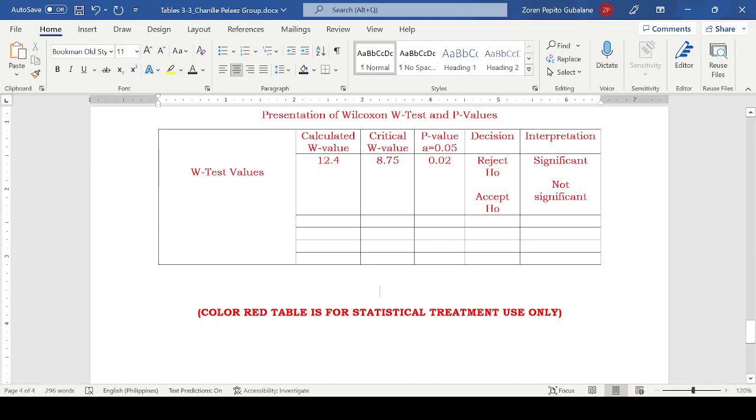So, this is the rule in deciding whether the researcher has to reject or has to accept the null hypothesis.